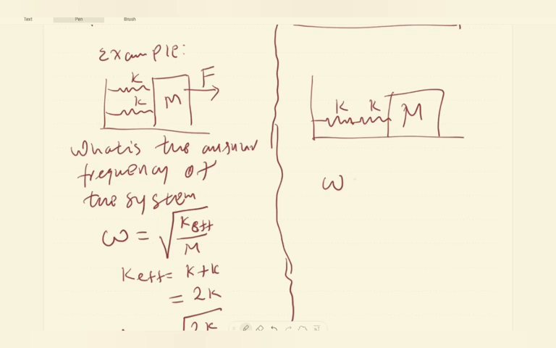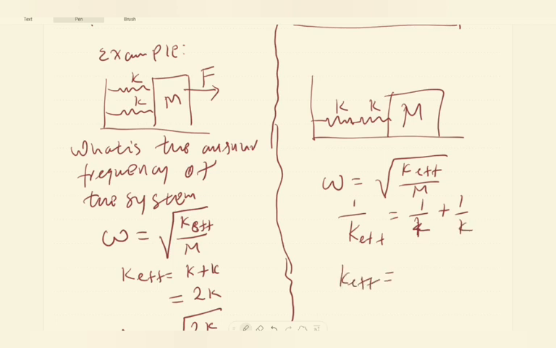m. In that case the angular frequency of course will be square root of the effective spring constant divided by the mass. Since the effective spring constant in series connection, we have found that 1 over effective spring constant would be 1 over k plus 1 over k. So k effective would be, with simple mathematical manipulation, k squared divided by 2k.